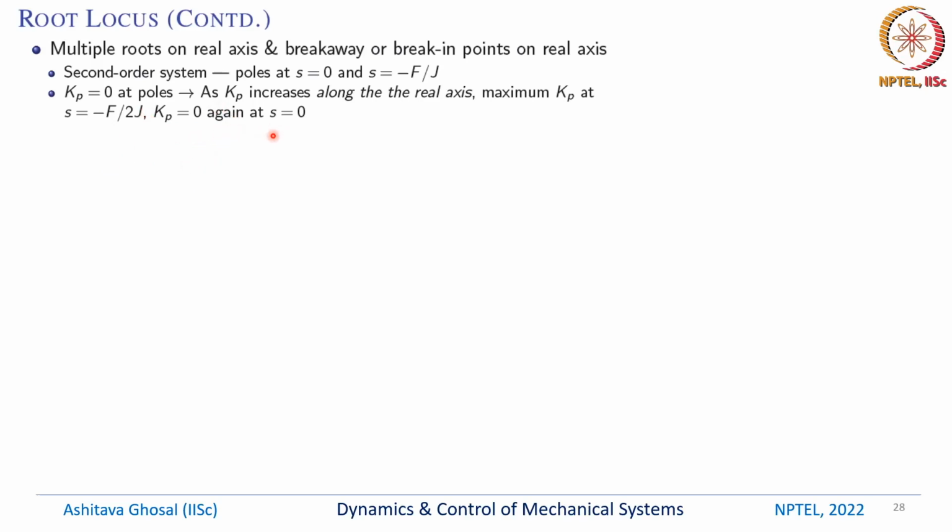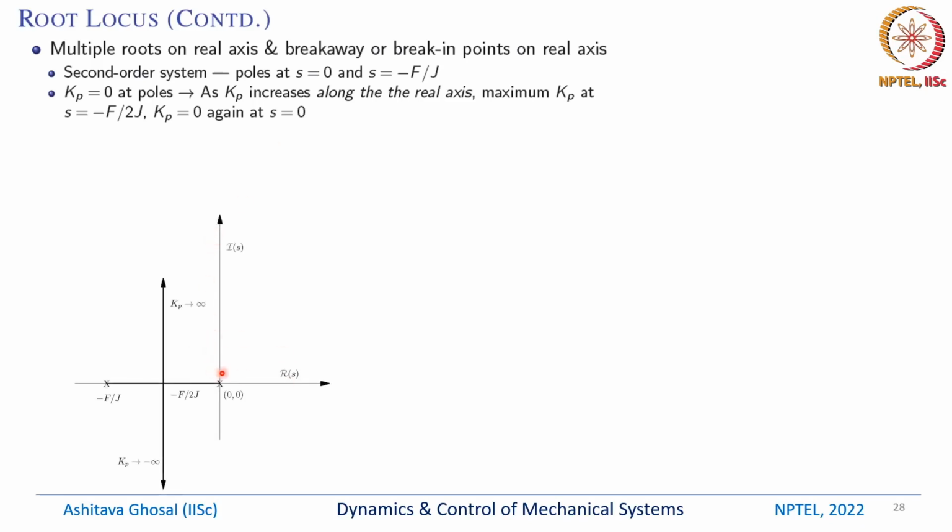So at the s equals 0 pole, kp is 0, and at s equals minus f by j, kp is 0. If you start from the left, as kp increases, the pole is going towards minus f by 2j, and then on the real axis, kp will become 0 again at s equals 0.